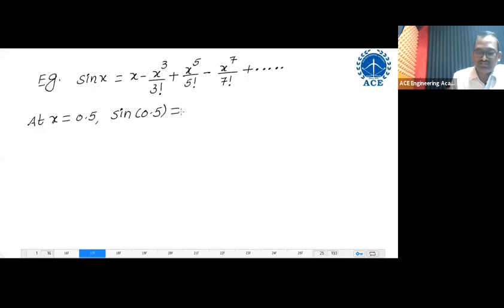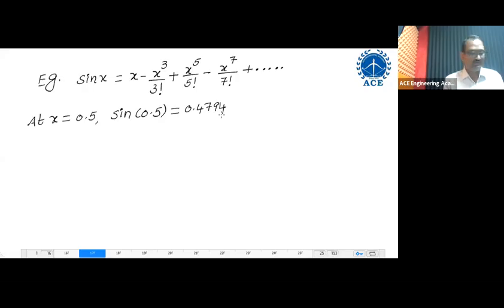Can anybody tell me sin of 0.5 up to 10 decimal places in terms of radians? What is the value? 0.4794.